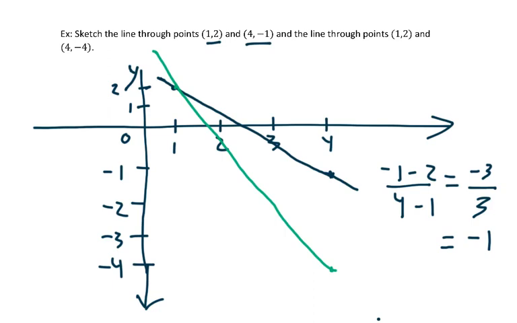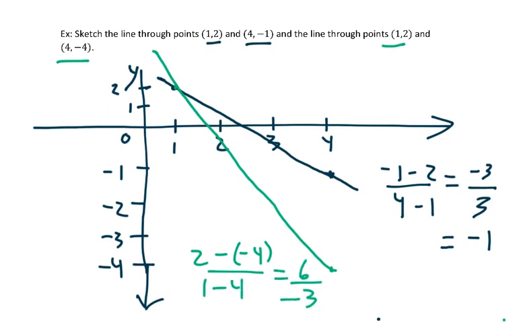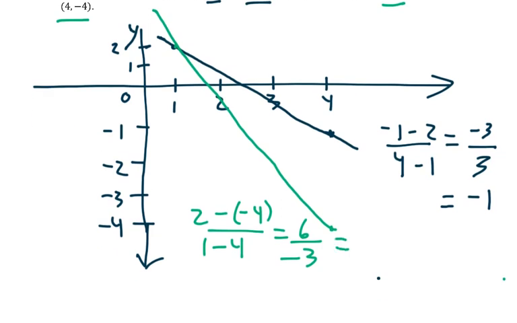For the other line, through these 2 points, we have -4 minus 2 over 1 minus 4, so that's -6 over -3, wait, 6 over -3, which is -2. So notice again, these two lines have negative slope.